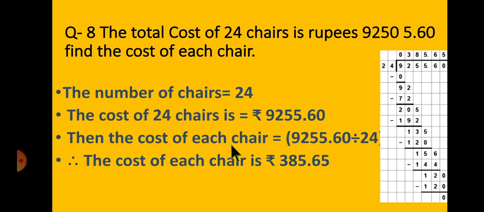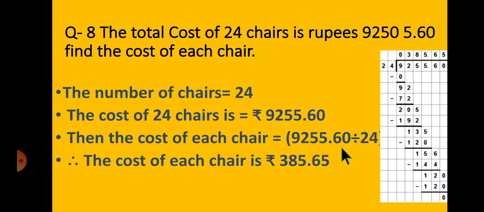When we have more amount, more things, and we want to find each or one, we will divide. So here also we know the cost of 24 chairs, and we will find the cost of each and every chair, that means one chair. So what we'll do, we will divide.